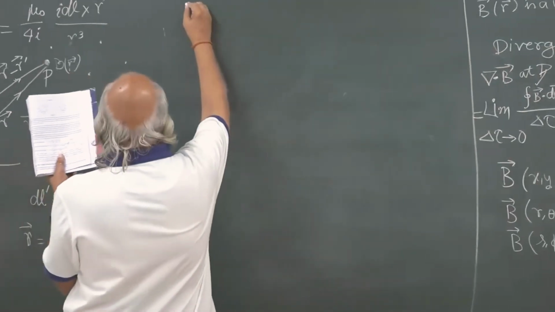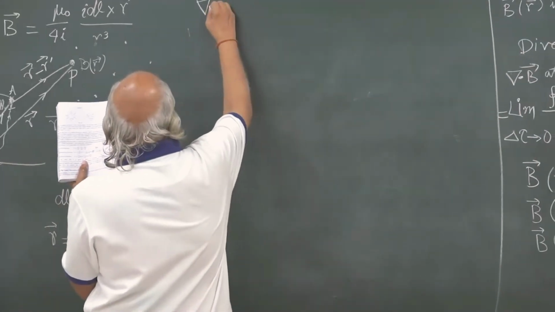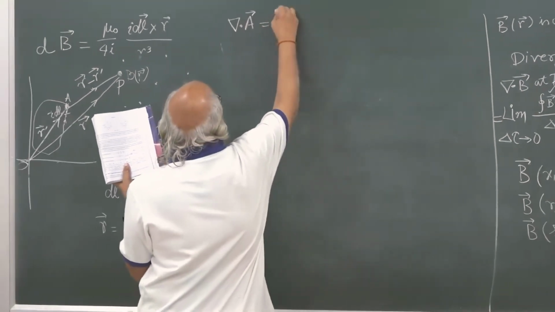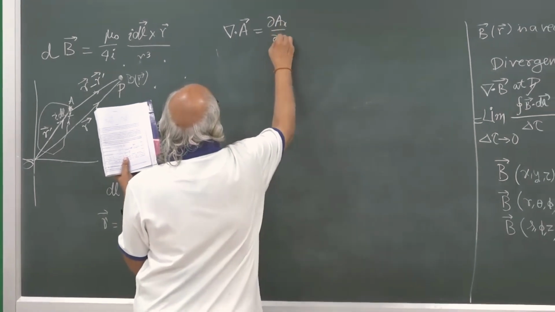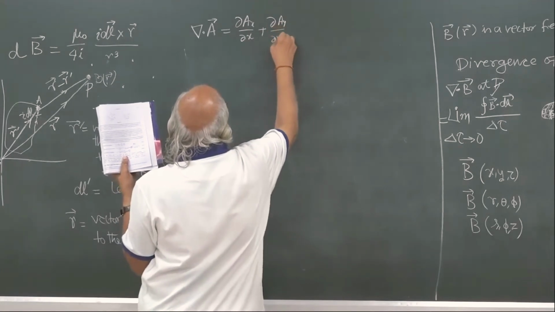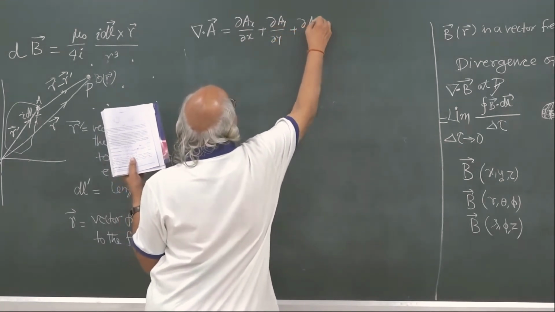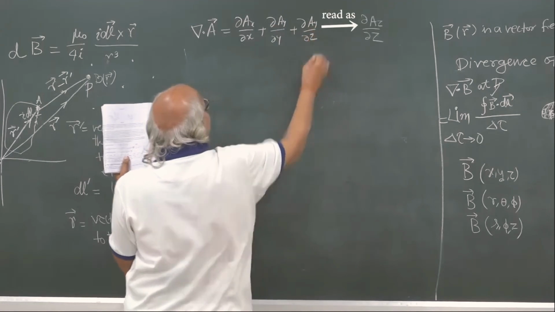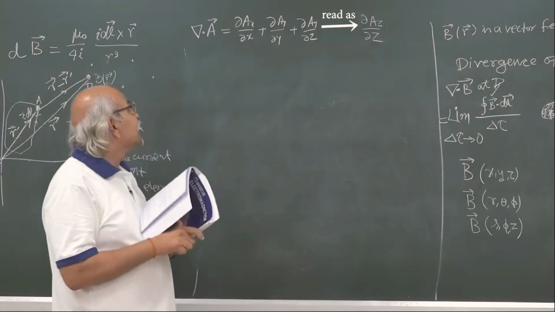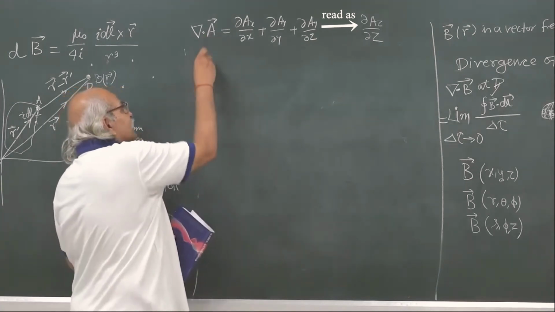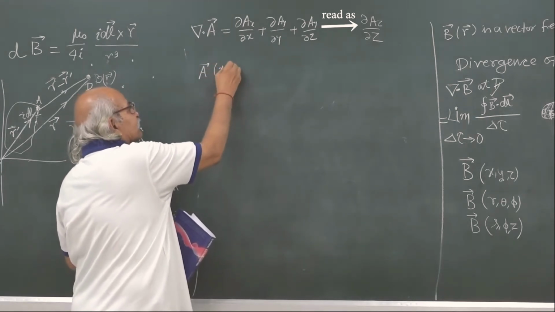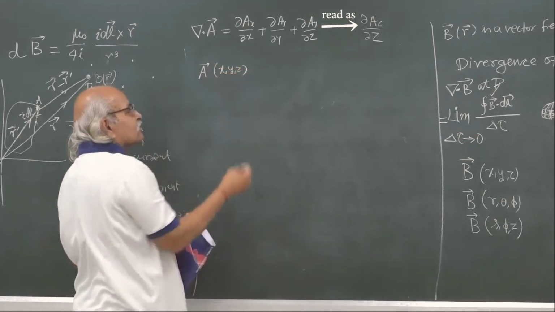So, it says that the divergence of any vector A is del Ax del x plus del Ay del y plus del Az del z. What does it mean? It means that this vector A is known everywhere, therefore you know it at x, y, z coordinates.